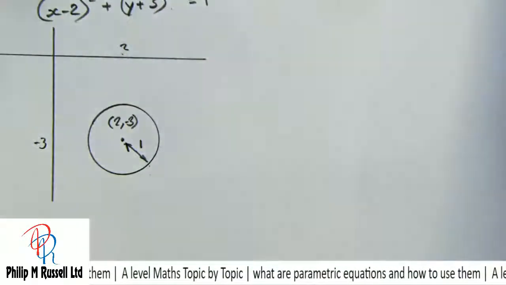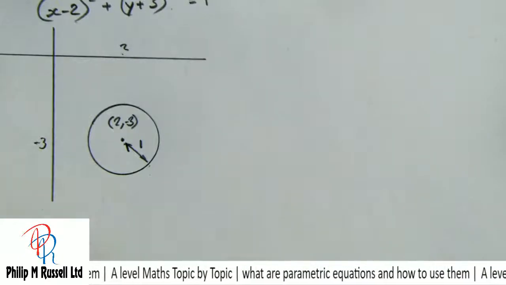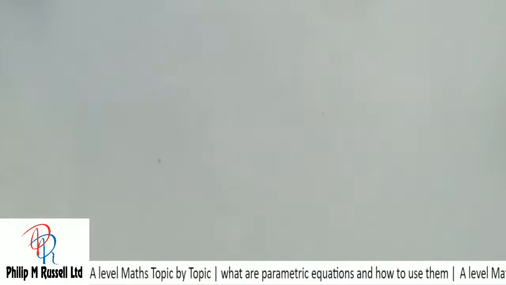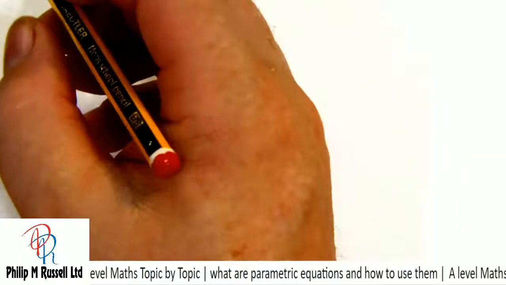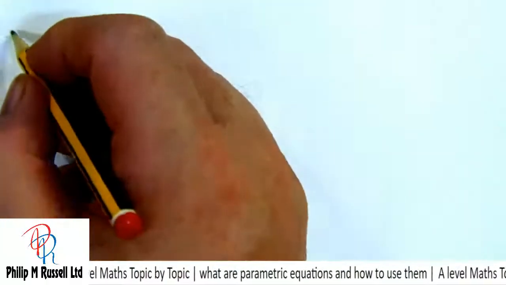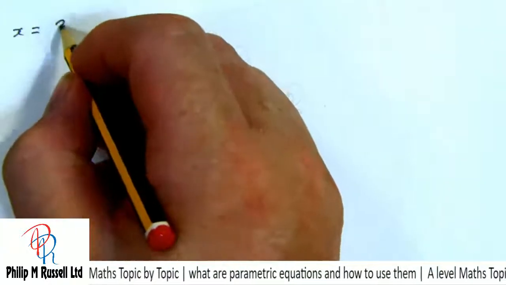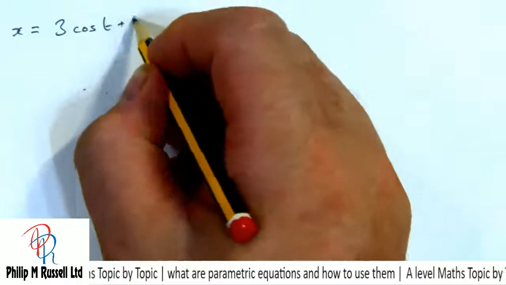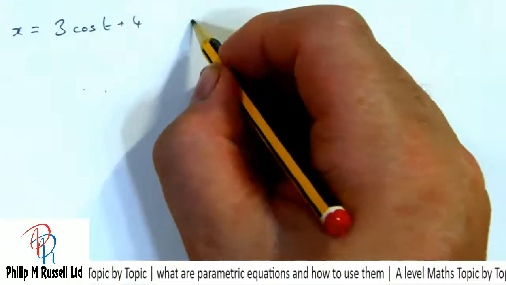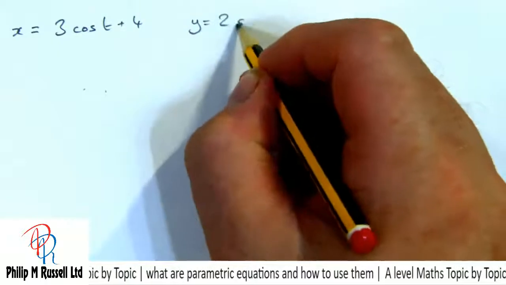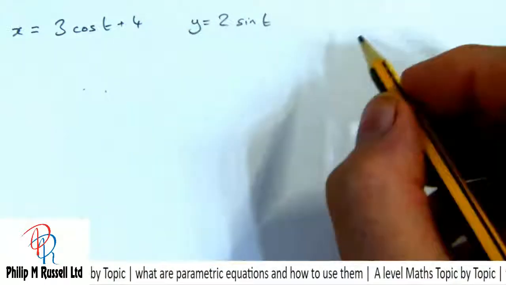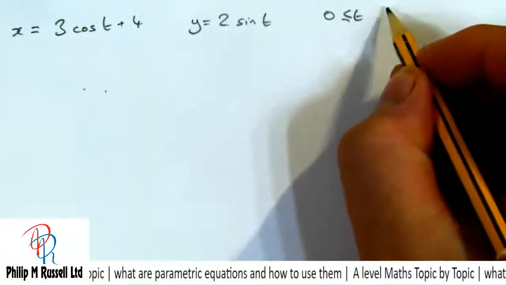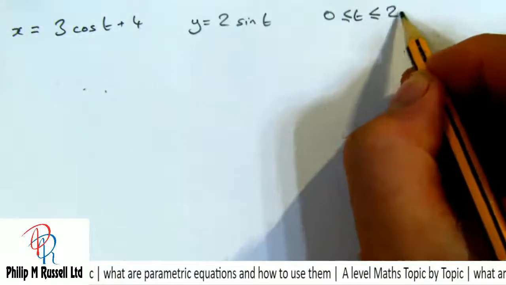Trying to do some of this the old-fashioned way, we've got something like a particular equation that might be x equals 3 cos t plus 4, and y equals 2 sine t, and we're told t is anywhere between 0 and 2 pi.